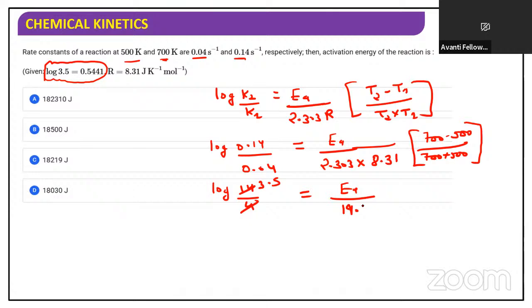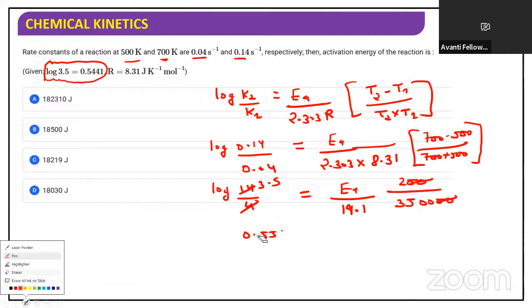19.1. Remember this value, right? 8.31 and 2.303. And this is 700 minus 500, which comes out to be 200. So this is 200 and this is 700 into 500. The zeros get cancelled, right? And log 3.5 value is given, 0.54.